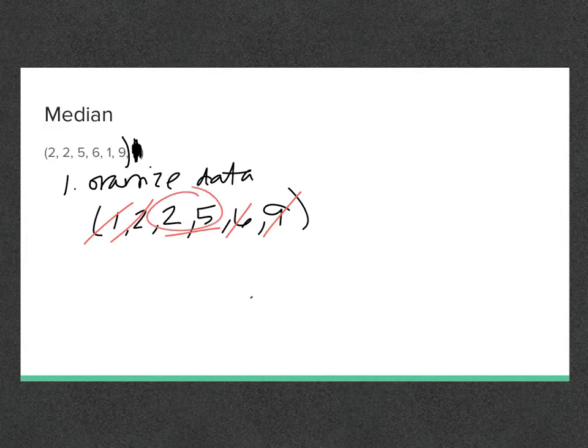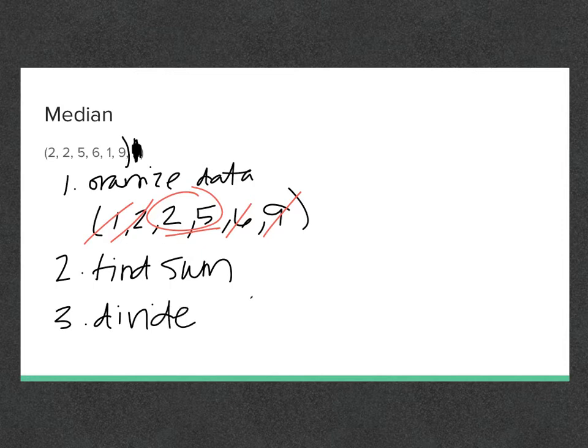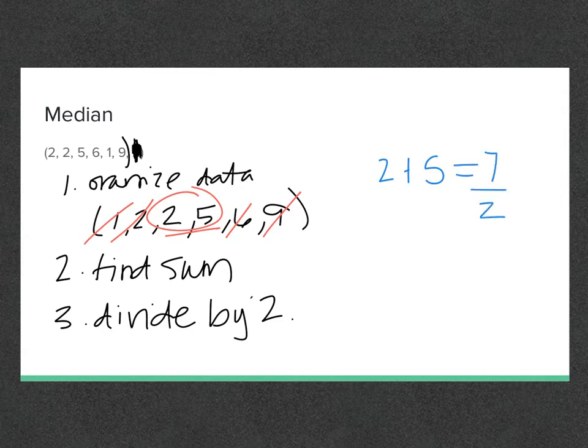So what I want to do is calculate the sum of those numbers, and then I want to divide by 2. That's my third step. Divide by 2. So when I do this, I'm going to take 2 plus 5, which equals 7, and then I'm going to divide 7 by 2.